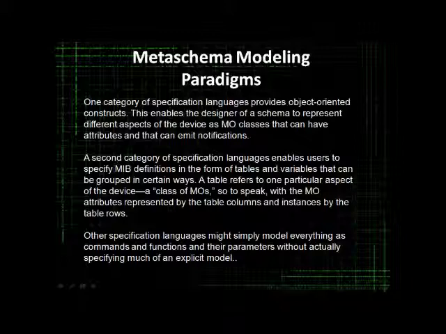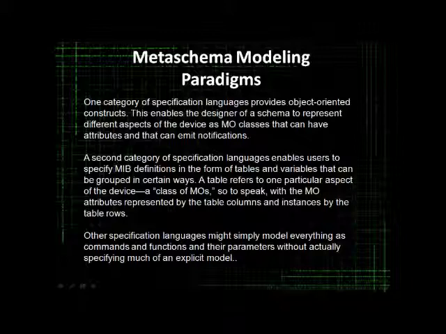Existing definitions can be reused and refined by allowing MO classes to be derived from other MO classes that are more general in nature. This corresponds to an object-oriented concept that is known as inheritance. The derived class is also called the subclass. A class that is derived from is called the superclass.